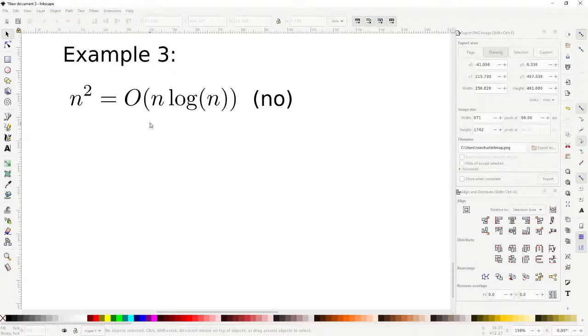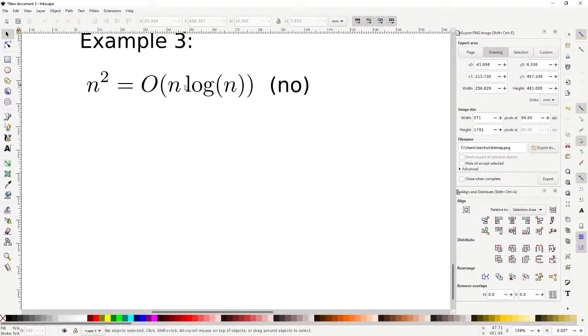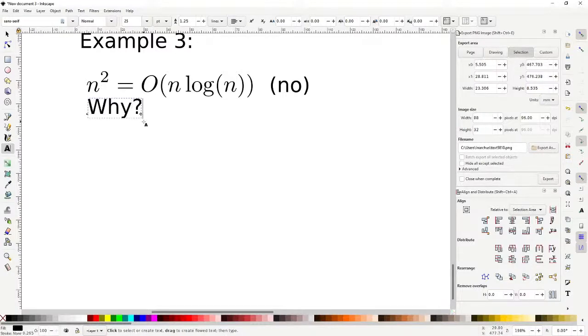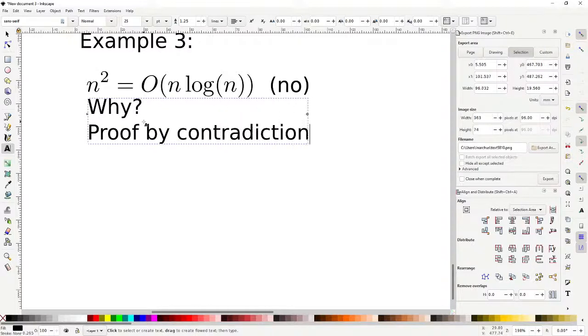So, right, the hint is that the answer is no, but then the question is why? And so the argument goes basically like this, right? Let's assume, so this is a proof by contradiction, right? So this is basically like Math 203 again.